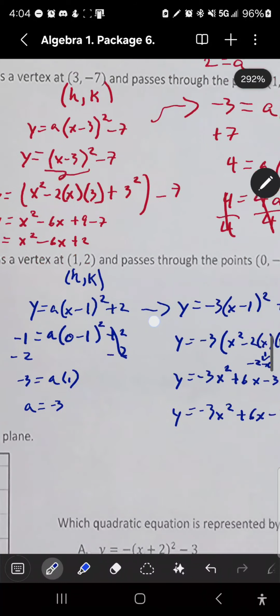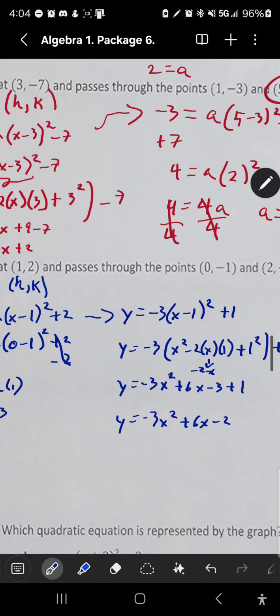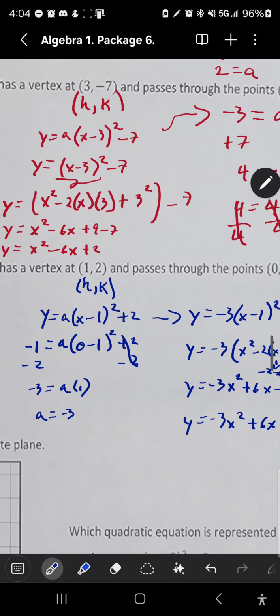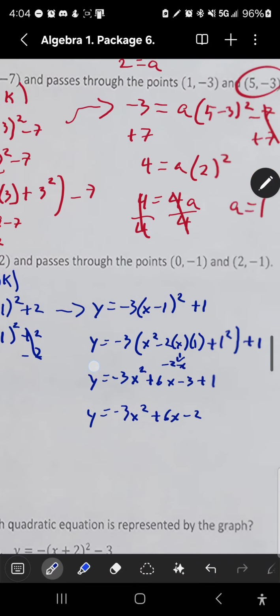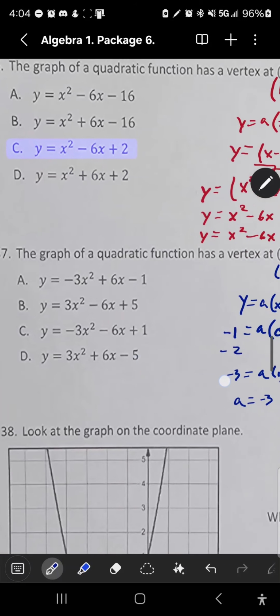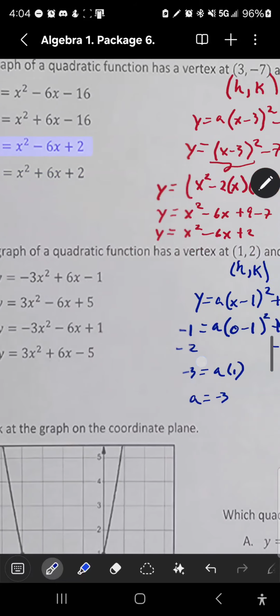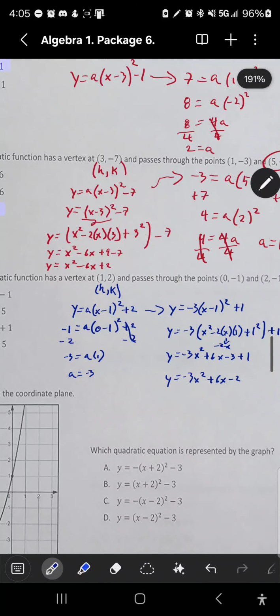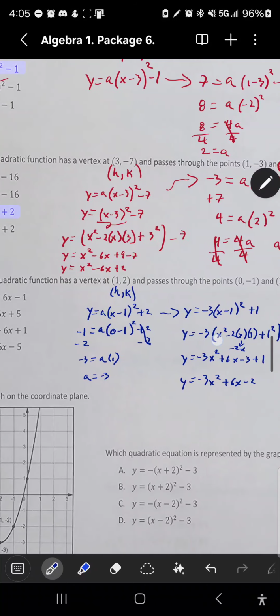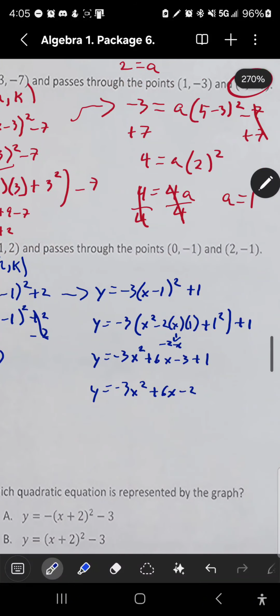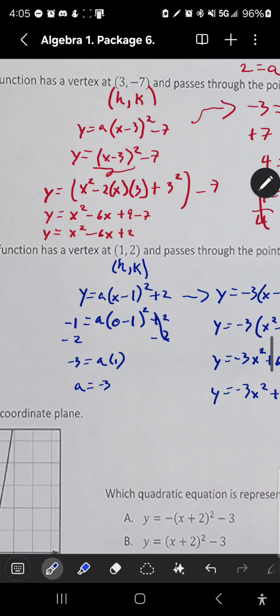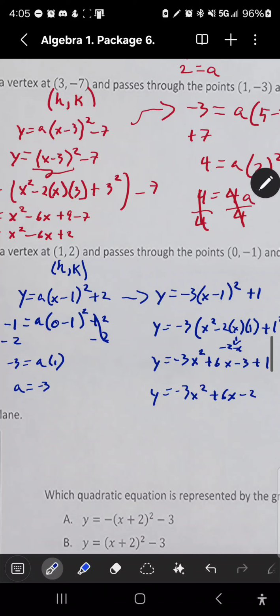Okay, we have the point (0, negative 1) in here. Then negative 1 minus 2 is equal to negative 3.